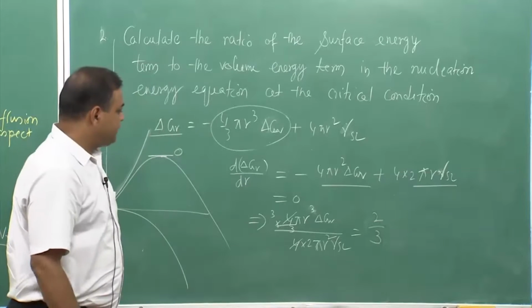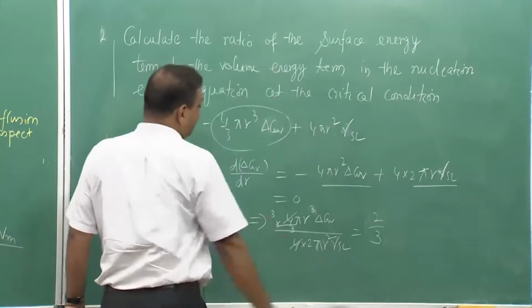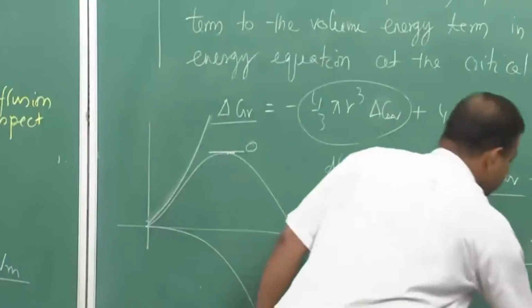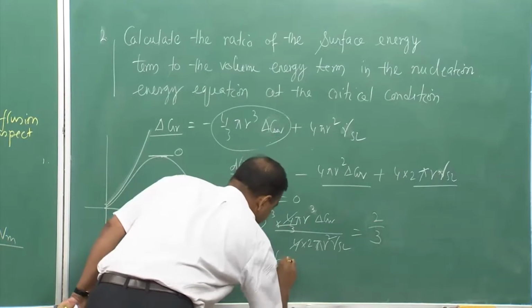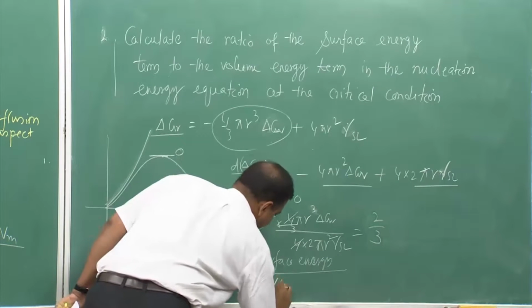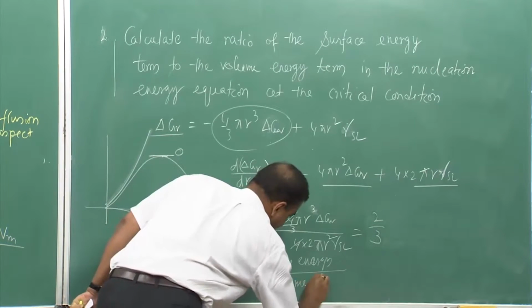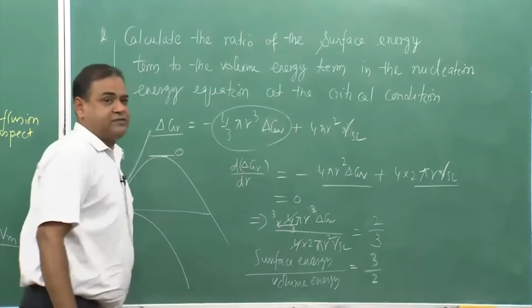Now, if I try to see the surface energy to the volume energy term, it just reverses. So, the surface energy to volume energy is equal to 3 by 2. Okay, this is the answer.